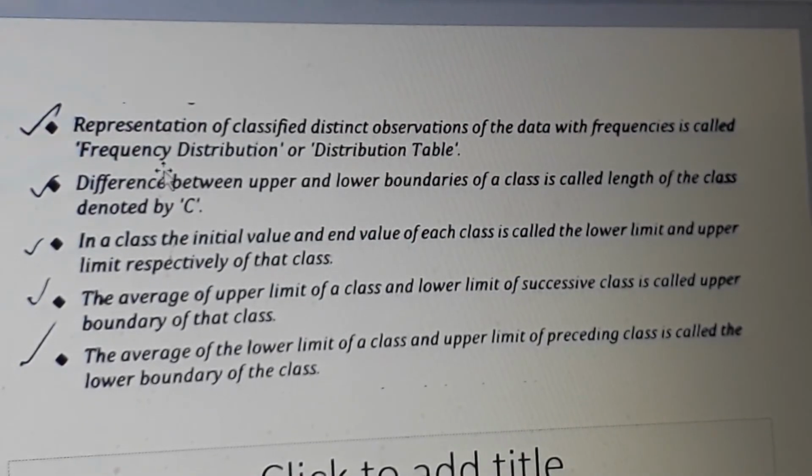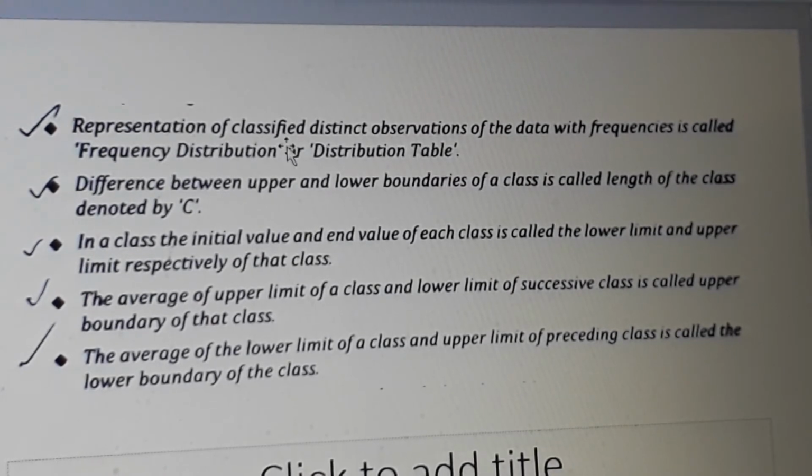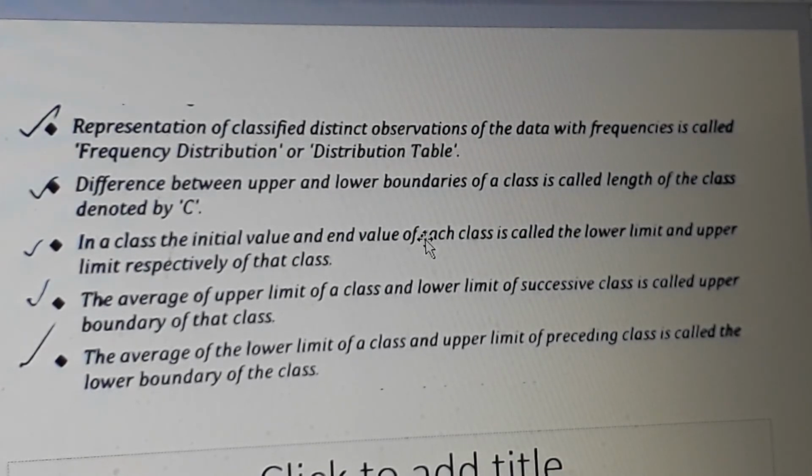Some important points. Representation of classified distinct observations of the data with frequencies is called a frequency distribution or distribution table. The difference between the upper and lower boundaries of a class is called the length of the class, denoted by C. In a class, the initial value and end value of each class are called the lower limit and upper limit respectively of that class.